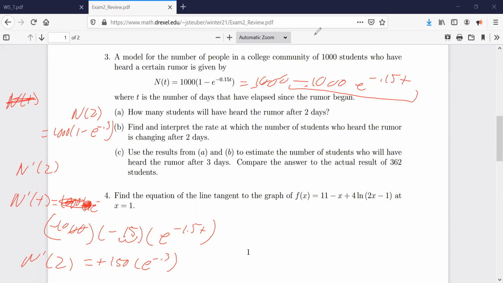So use the results from A and B to estimate the number of students who will have heard the rumor after 3 days. Compare that to the actual result of 362 students. So this is just saying that N(3) is approximately equal to N(2) plus N'(2) times (3 minus 2).